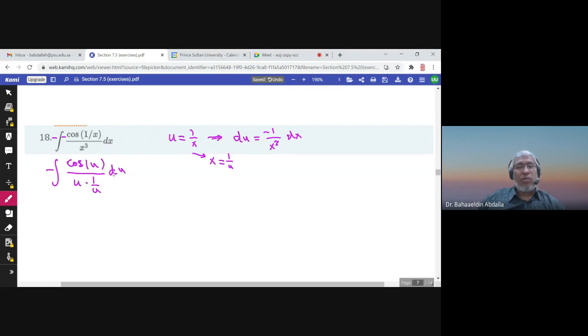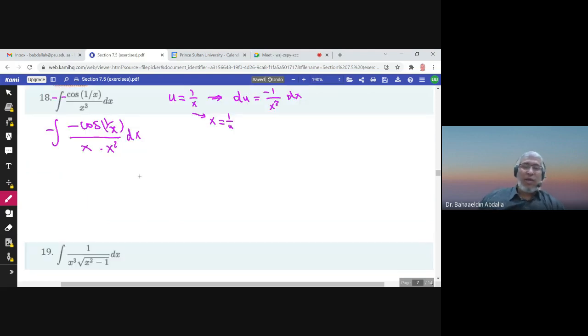Just a minute. Yeah, negative 1 over x squared dx is du. Okay, let me write it for you in an easy way, a nice way, so you understand it. So this is negative cosine 1 over x, and I have x times x squared dx. So the integral would be negative integral.